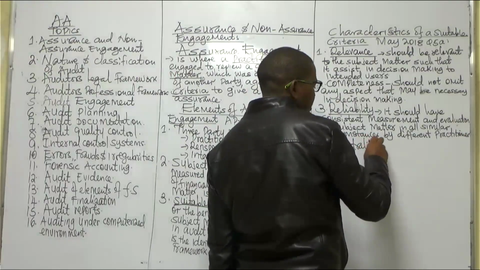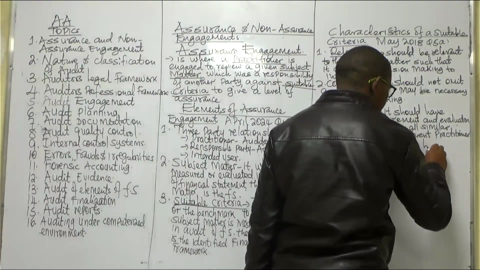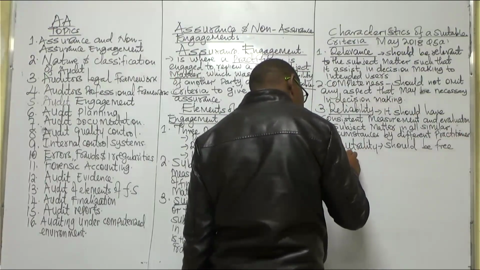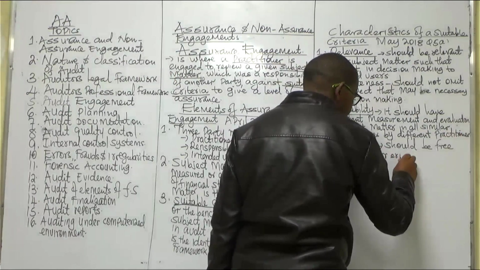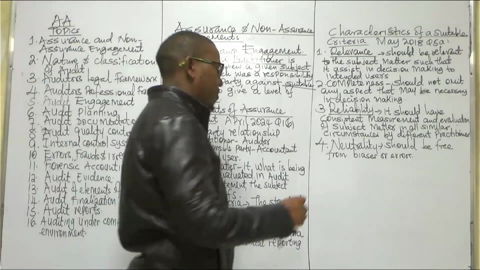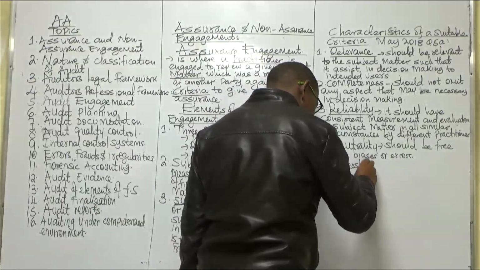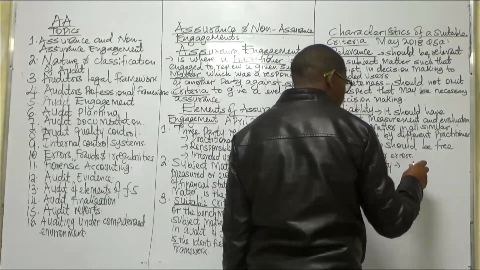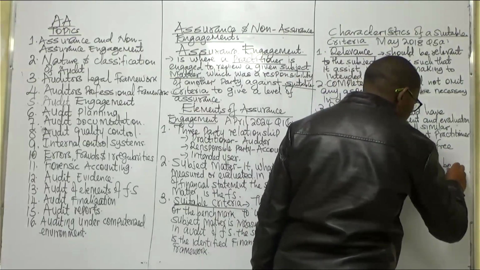Number four, we also talk about neutrality. When we talk of neutrality, the criteria should be free from biases or errors. And number five, you can also talk of understandability. It should be well understood by the users.